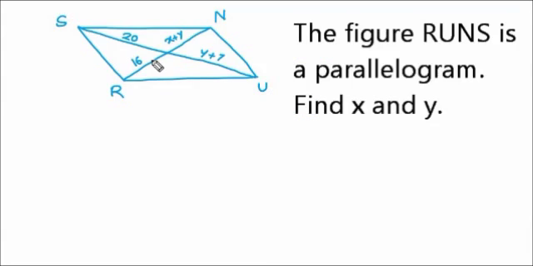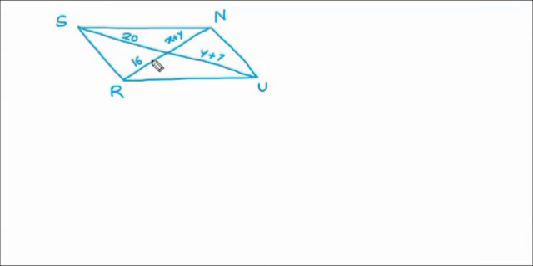Let's do the next one. The figure RUNS is a parallelogram. Find X and Y. Now we know in a parallelogram the diagonals bisect each other.